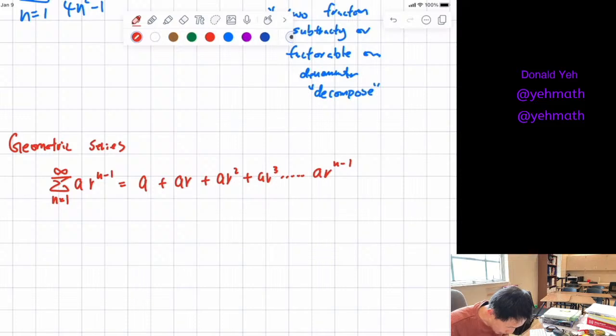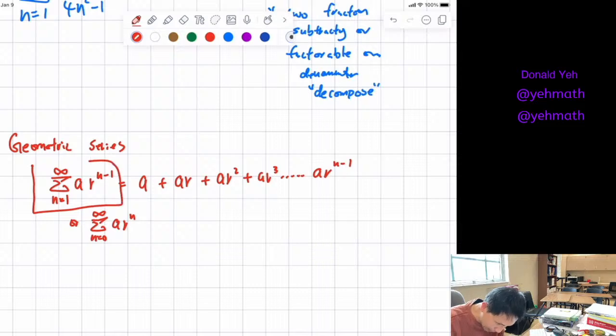Sometimes it could be like this, I forgot to mention last period. It could start at n equal to 0, but this one's very rare. It's r to the n, so it's basically one term on the left. It means exactly the same thing because you start at 0, you end with n. But the n equal to 1 version is more well known. This is the most popular one. This is very rare.